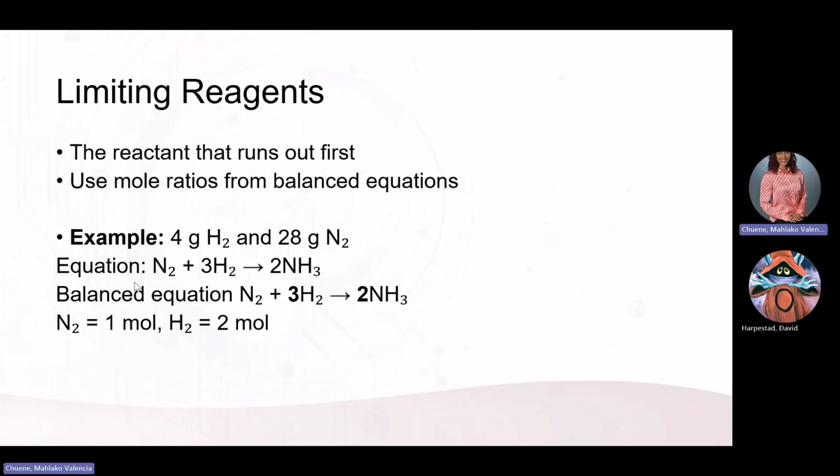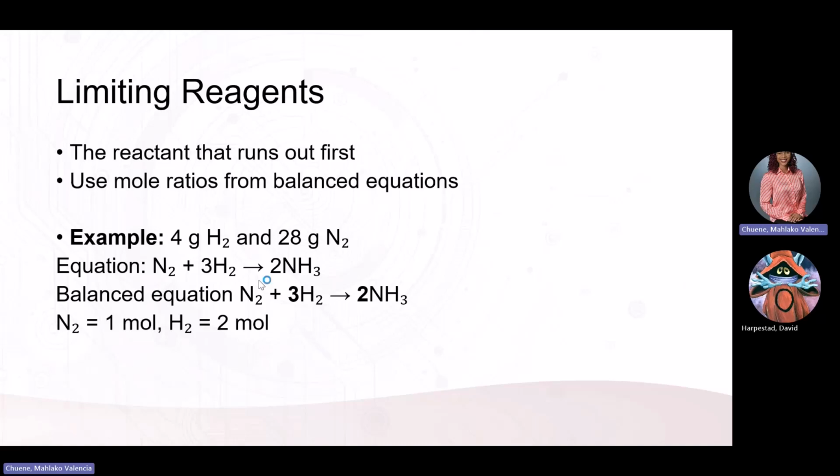Now when you look at the balanced equation, what we can see is that in order for us to react 1 mole of nitrogen with hydrogen to get that ammonia, we need 3 moles of hydrogen gas.